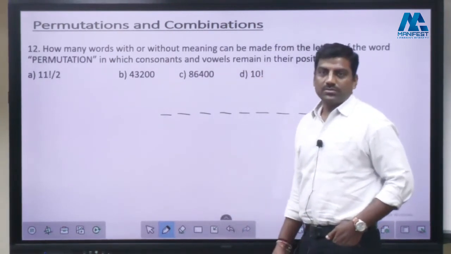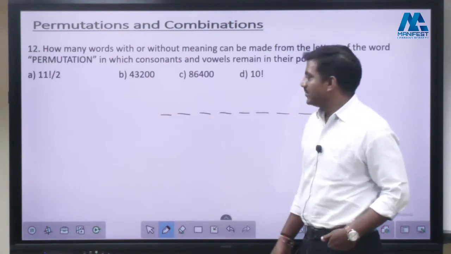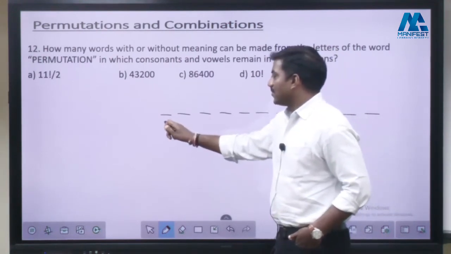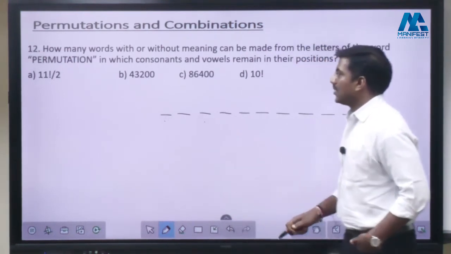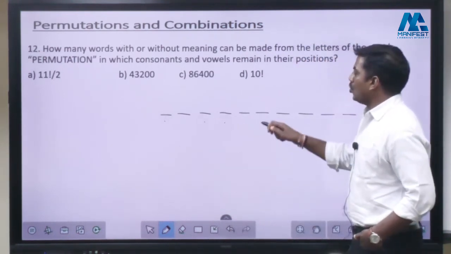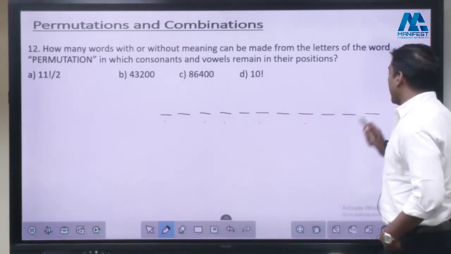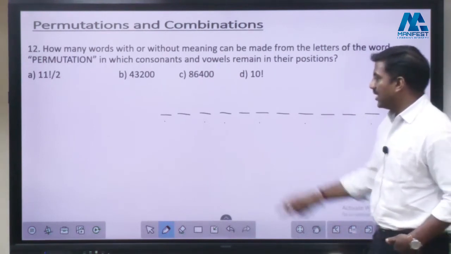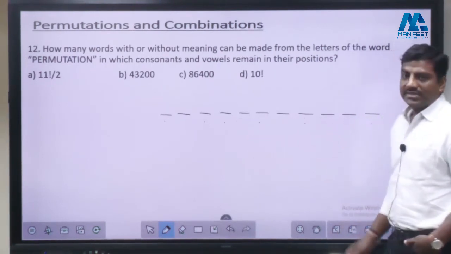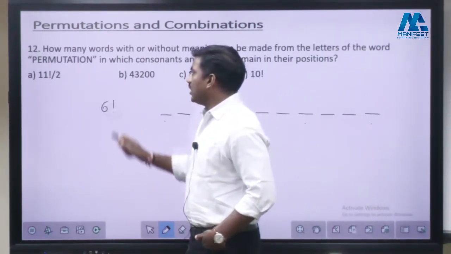Consonants means what? Except vowels. So these are the places of consonants. How many consonants are there? 1, 2, 3, 4, 5, 6. So how many ways? 6 factorial.